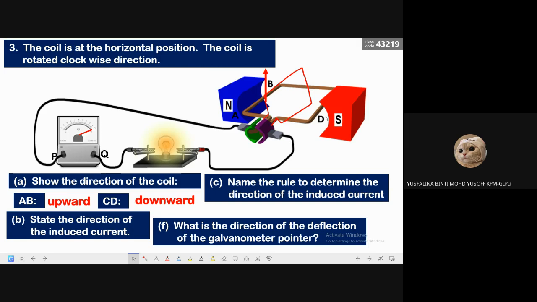So there will be no magnetic field cut. So how does it move? It moves because of the inertia. This might come out as a question, so let's say the question comes out asking why it can move. It is because of the inertia of the coil.